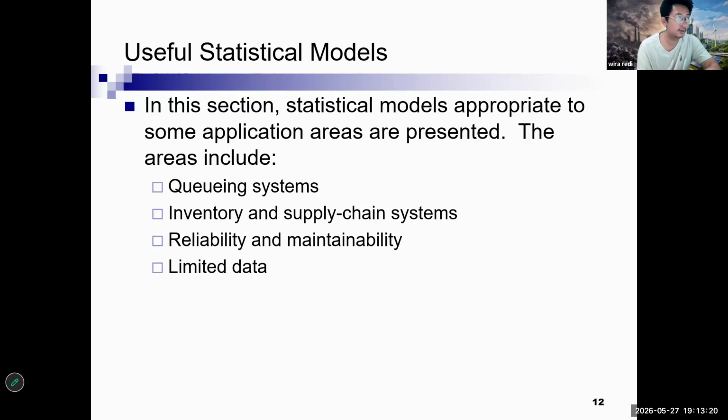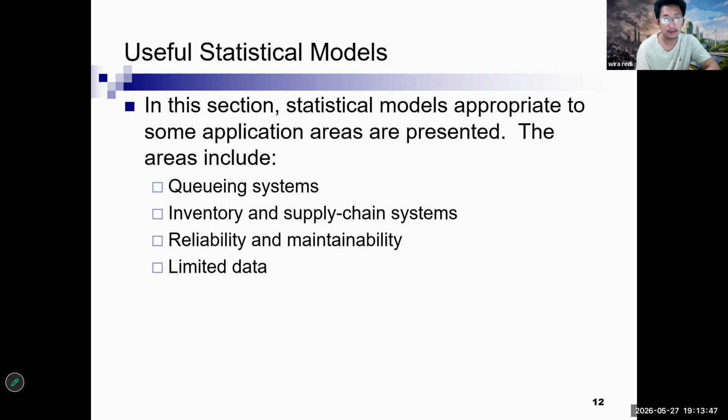For example, if you are going to model a queuing system, you need to first understand the characteristics of the random variables being modeled. For a queuing system, what are the random variables normally involved?